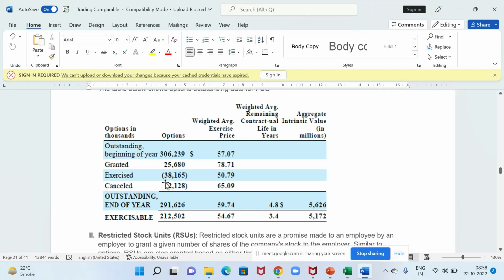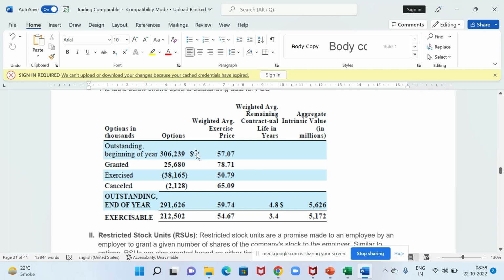So this has a breakdown in terms of various tranches. Understand that. There'll be, hypothetically, 10 tranches, where some will have an exercise price of 10, some will have 20, some will have 90. So hence that weighted average price has been attained, just for summarizing it. If you look at the bottom of it, then at times the company will provide a further breakup of it.